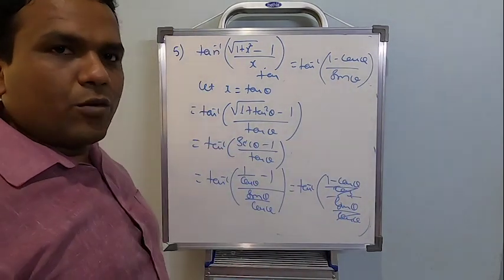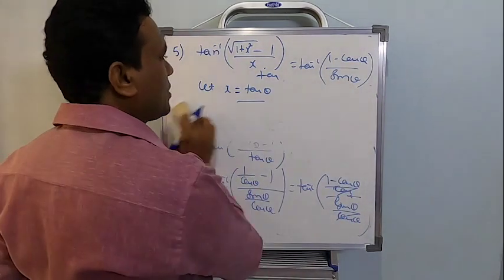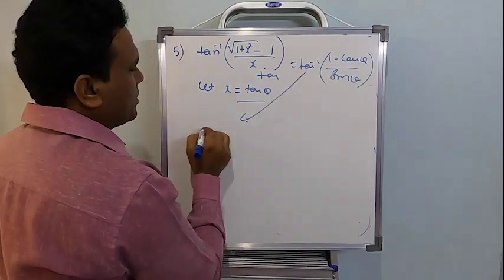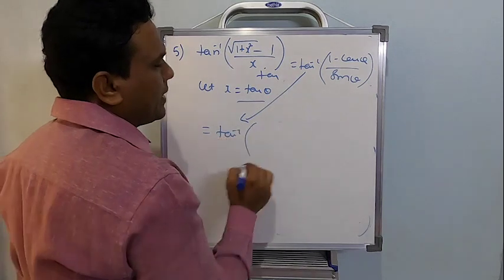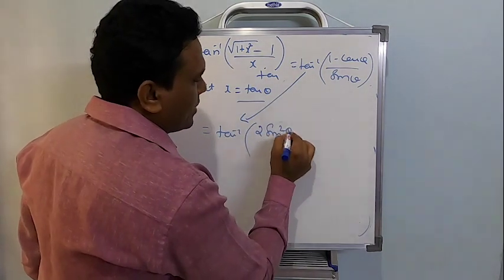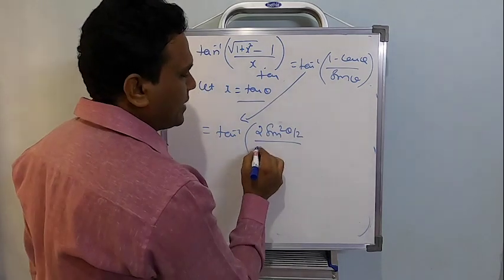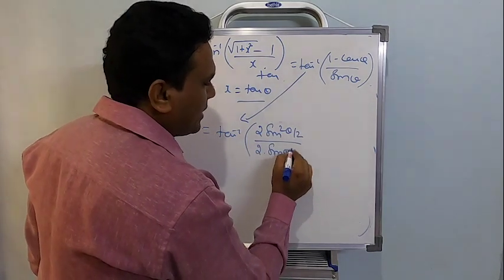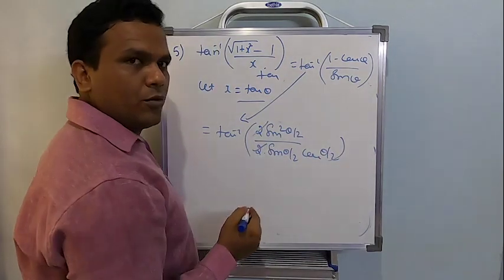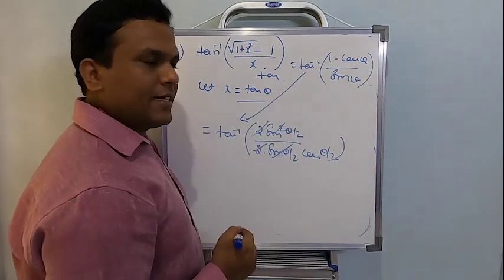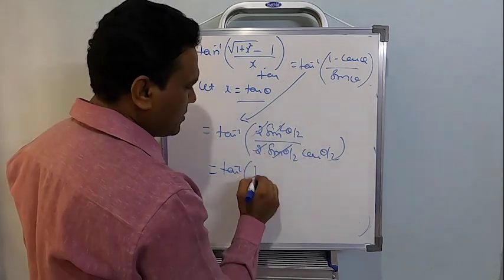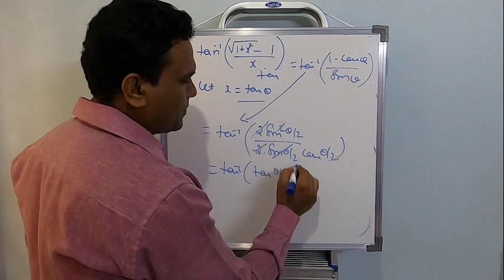Now we know there is a formula for 1 minus cos theta and sin theta. The submultiple angle formula should be used. So this will become tan inverse of 2 sin square theta by 2 in the numerator, and in the denominator 2 sin theta by 2 multiplied by cos theta by 2. Eliminate 2, eliminate a power of sin, and the remaining sin by cos will be tan.